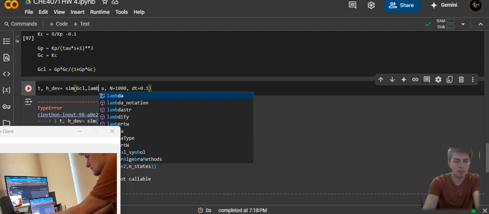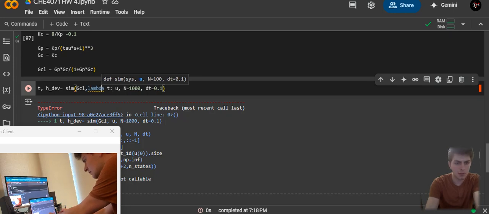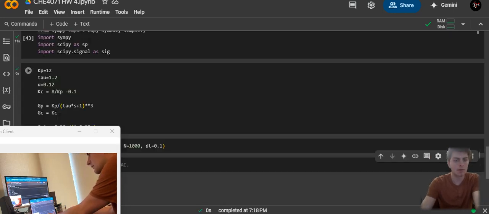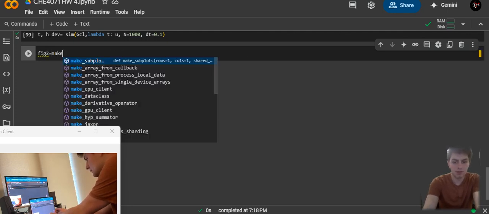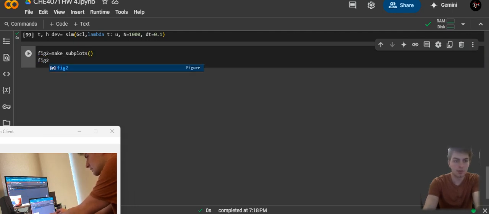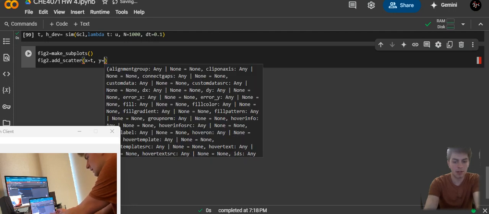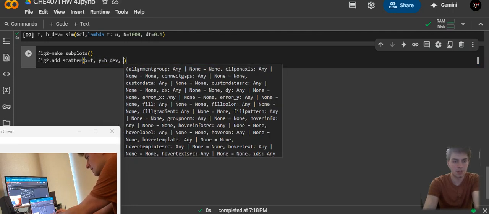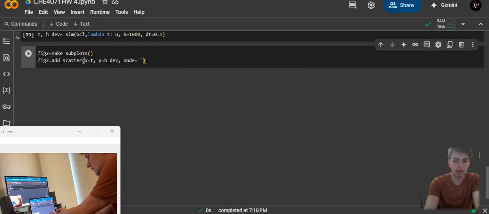This needs to be a lambda t function. Lambda. Perfect. Let's go ahead and plot this up here. Equals make subplots, big 2 dot add scatter, x equals t, y equals our h in terms of deviation, and then mode should be lines here.